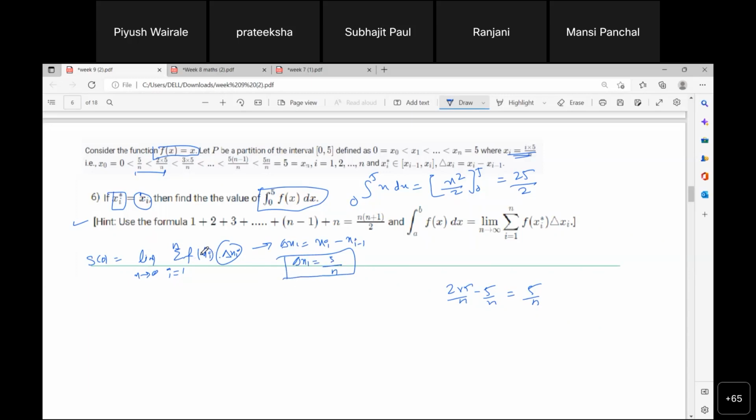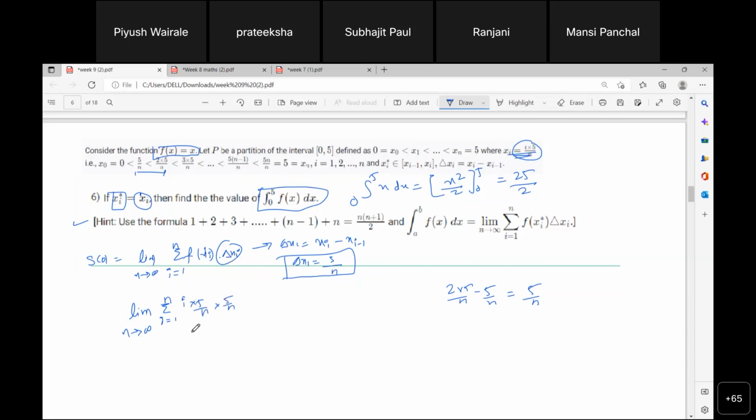Now xi star is given as xi, which is i into 5 by n. So if I put this value, I will get the limit as n tends to infinity of the summation for i from 1 to n of f of xi, that is i into 5 by n, times del of xi, that is 5 by n.